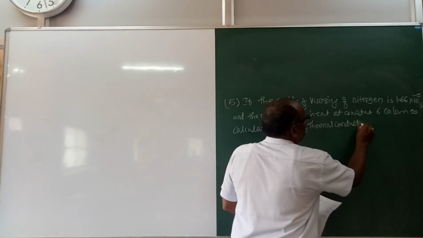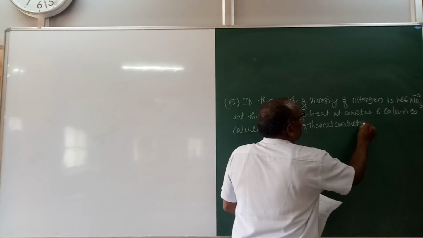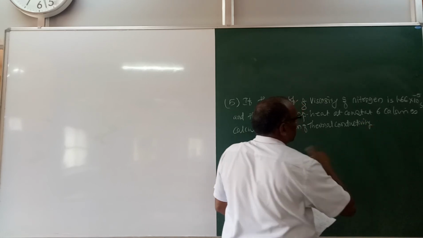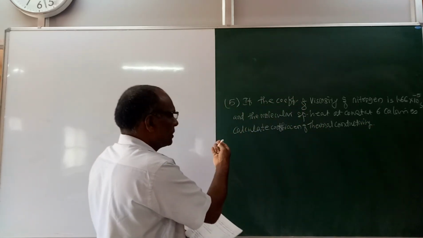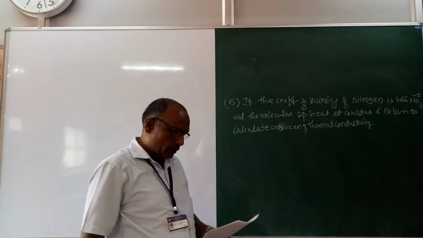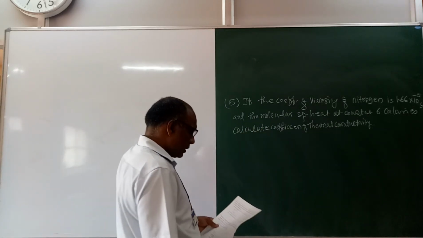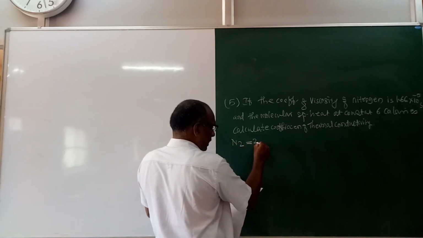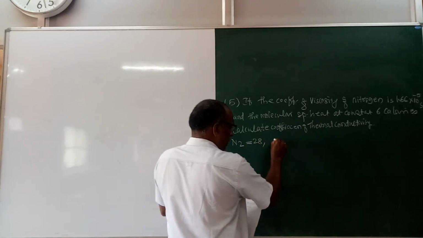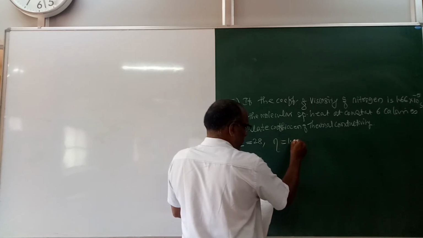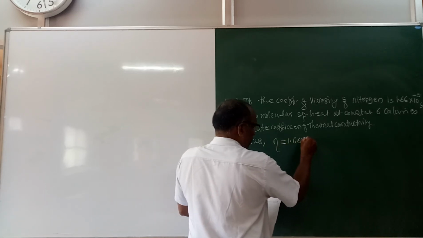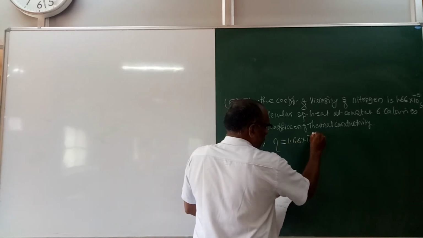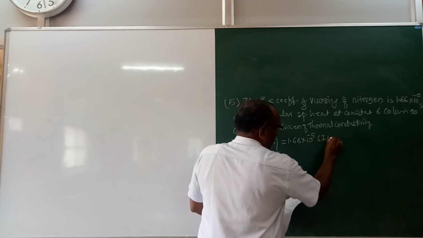Here this problem is simple and it is 2 marks work while framing them. What is the coefficient of thermal conductivity? So it is given, it can be simplified. For nitrogen, eta is given, that is 1.66 into 10 raised to minus 5 SI unit.